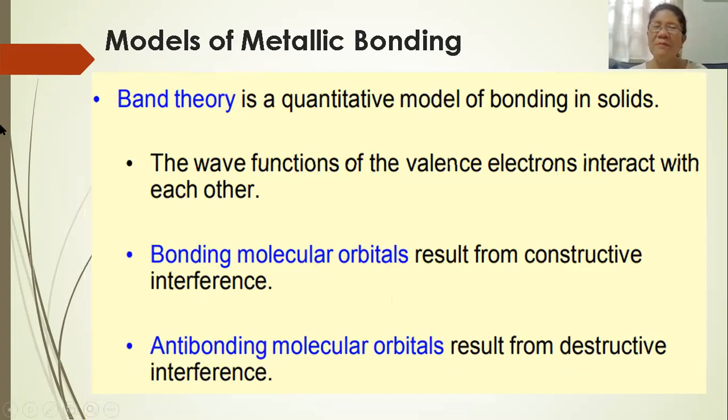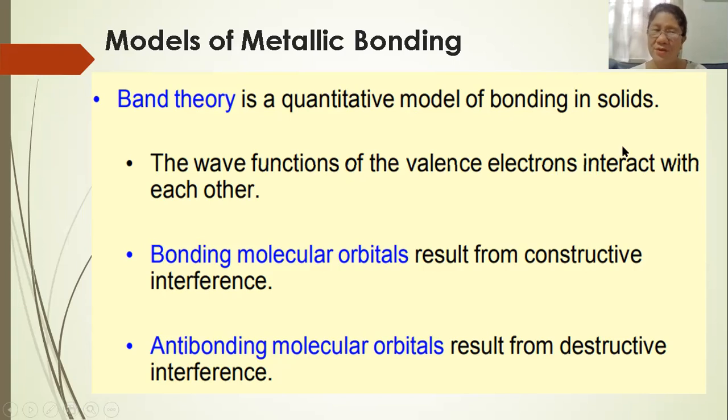What do you mean by band theory? Band theory has something to do with the quantitative. If you talk about quantitative, it is the measure. Quantitative will always give you the answer of how much. It is a quantitative model of bonding in solids.